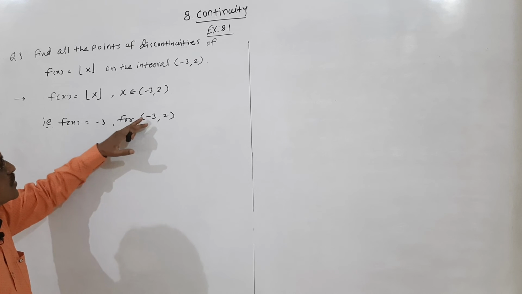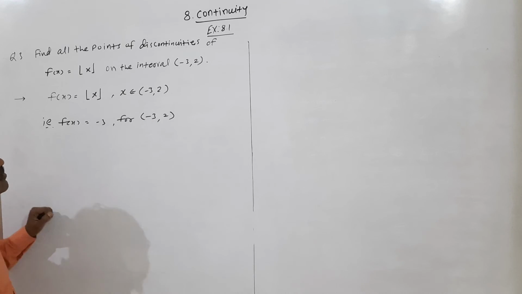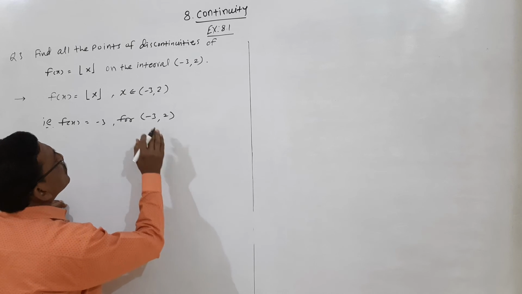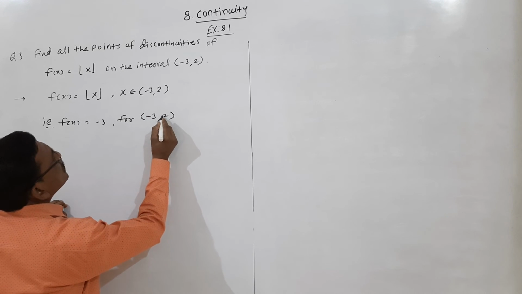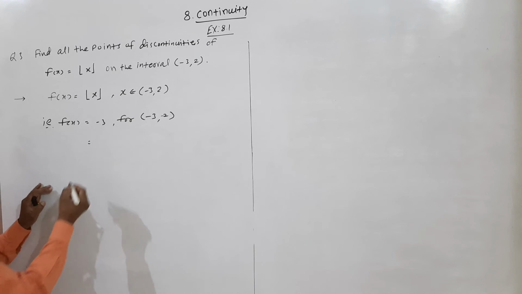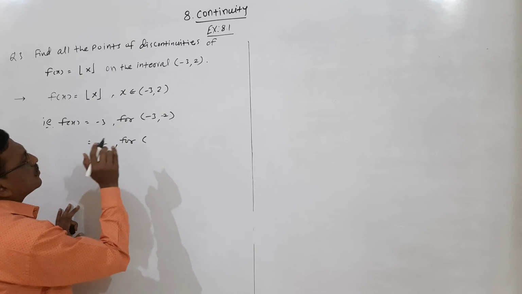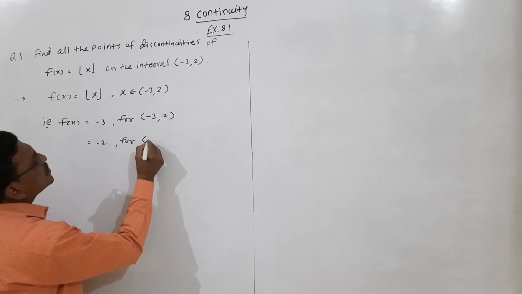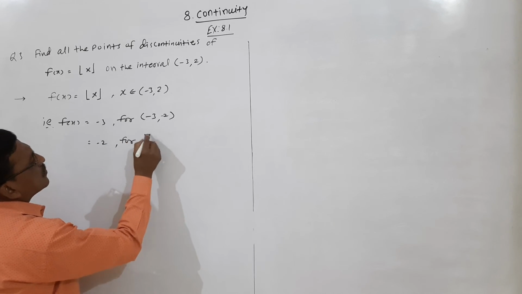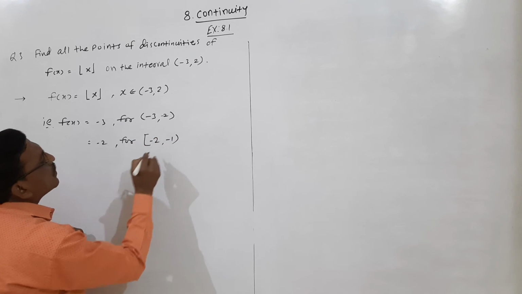So its value is minus 3 when x is greater than or equal to minus 3 and less than minus 2. Then the value of this function is minus 2 whenever x is greater than or equal to minus 2 and less than minus 1.